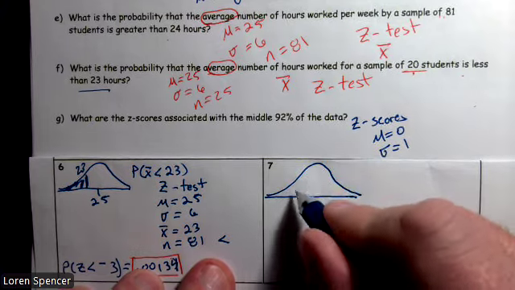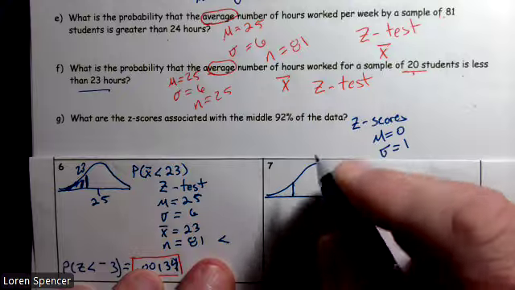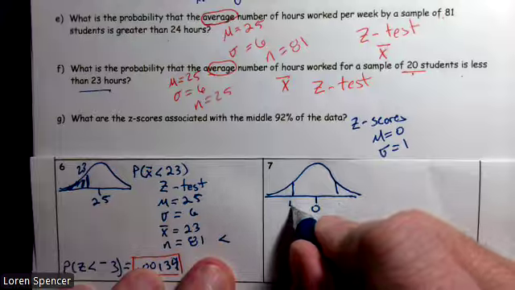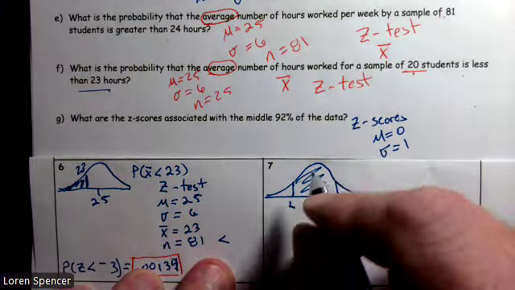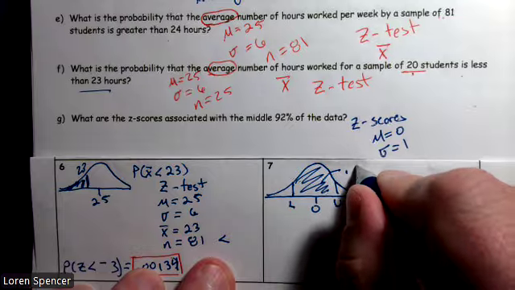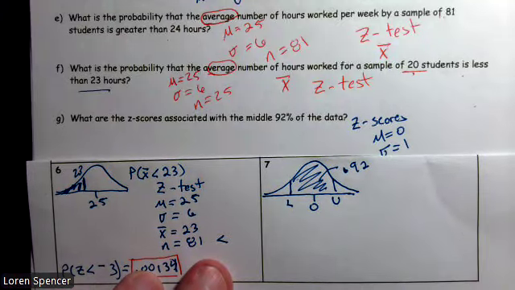So when I draw this, the mean is 0, and I'm looking for this lower and this upper, and this area right here needs to be 0.92. And remember, it's looking for the middle 92%, so this is the way it needs to be drawn.